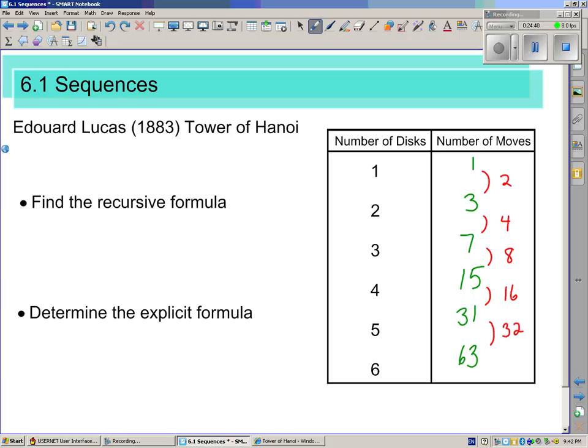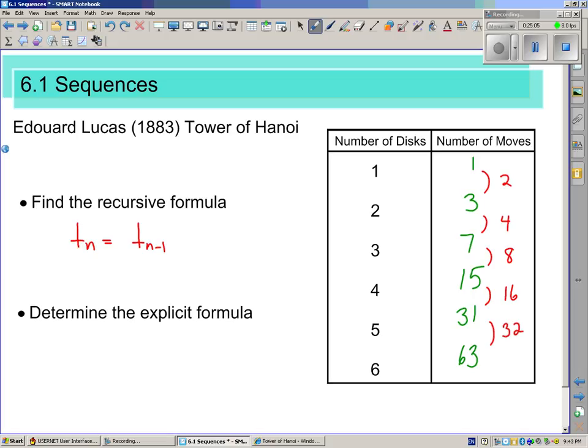Recursive formula: let's take my nth term, and I have to do something to the term previous to it. This one is hard. I find some of them hard if I'm just adding or subtracting something, but I have to do something to it.